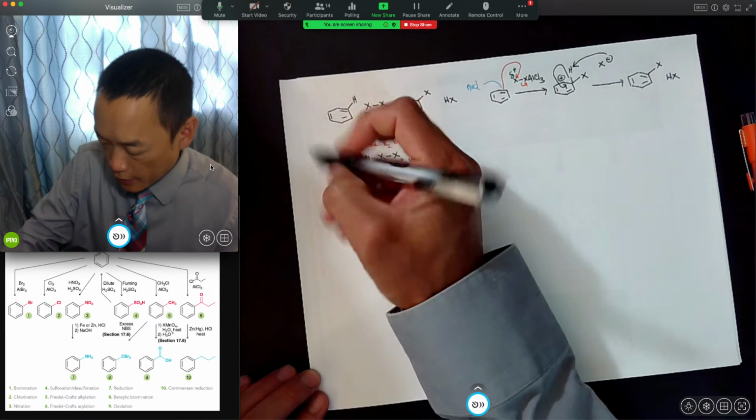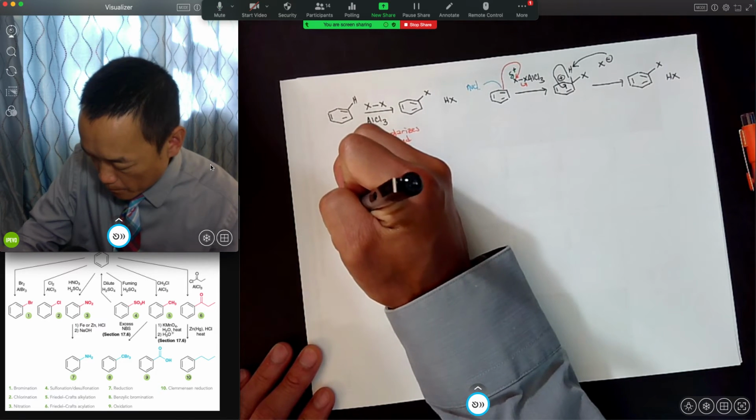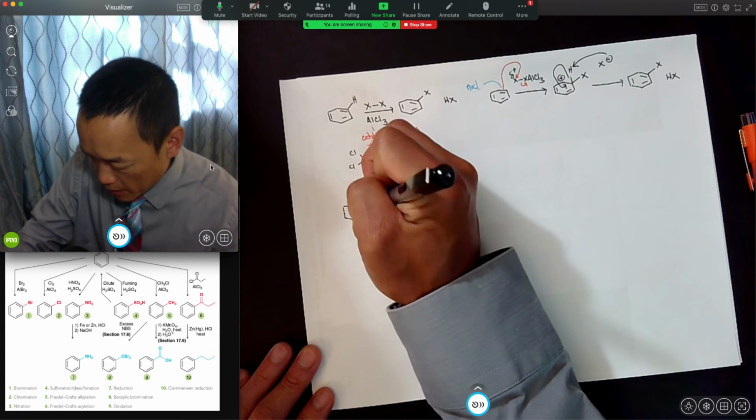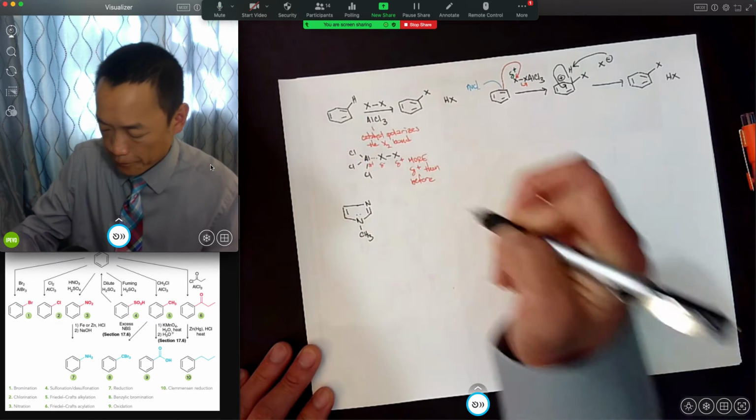Let's try this again. Here is an aromatic molecule called N-methylimidazole.